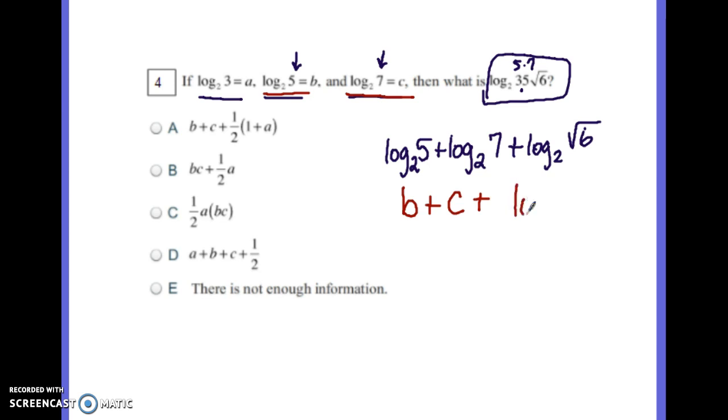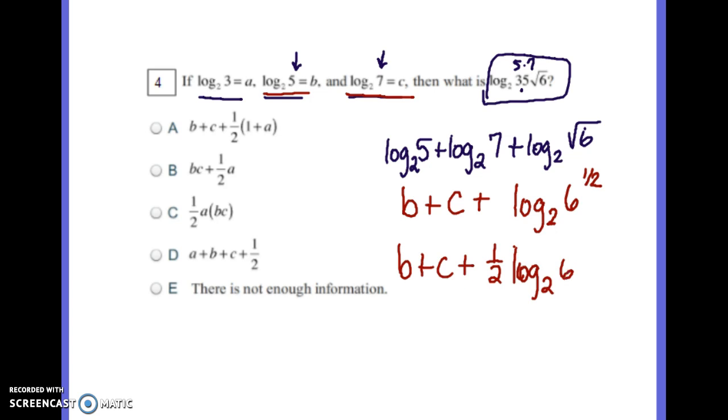If you remember, the square root can be rewritten as a power, so that's 6 to the 1/2 power. Then you can use your power rule, and that 1/2 comes around to the front. So you've got 1/2 times log base 2 of 6.